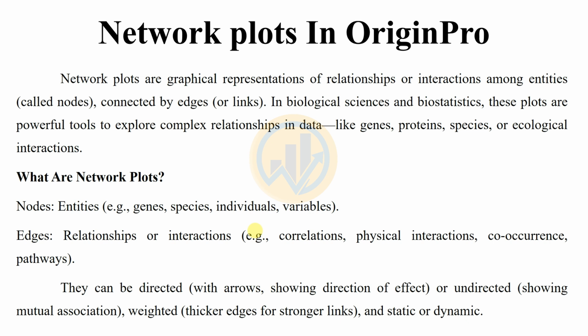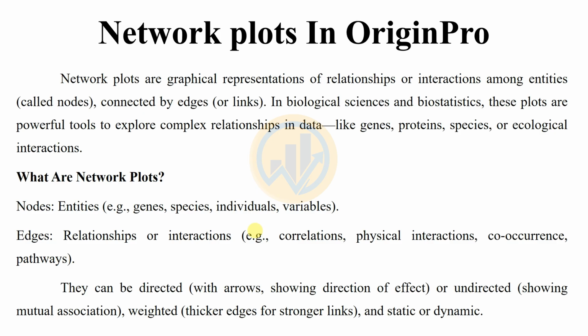They can be directed, with arrows showing the direction of effect, or undirected, showing mutual association. Weighted edges are thicker for stronger links, and the network can be static or dynamic.